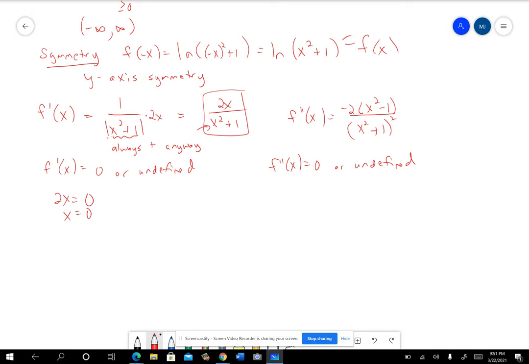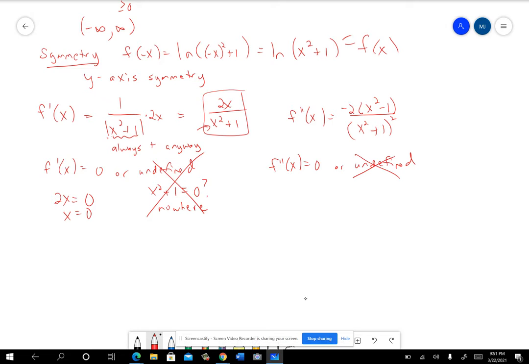And then undefined, again, it's not going to be undefined, because it would be where the denominator equals 0, and it would be nowhere. Can't happen. So you don't get any places where it's undefined. Same thing here. x squared plus 1 is always going to be positive. You're not going to get a 0 in the denominator.